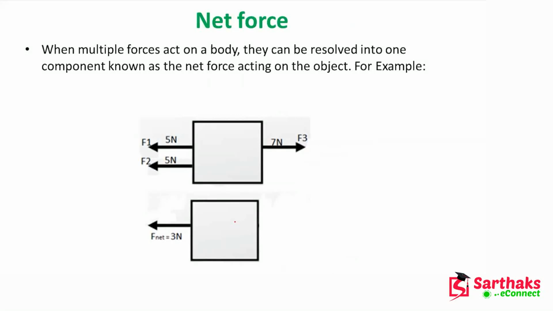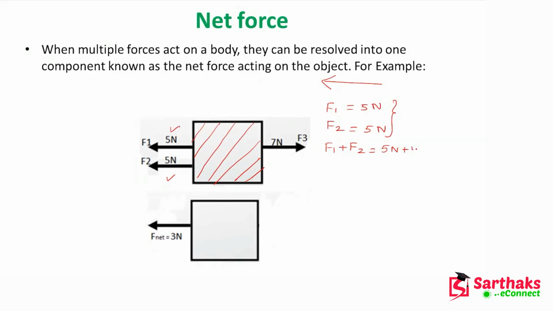Now, like I have told you regarding the net force, but still I am just explaining this in a very good manner. Suppose this is the block. Let's design this block. Here 5 Newton and 5 Newton. So F1 equals 5 Newton and F2 also equals 5 Newton. So how much is the force you are applying in this direction? That is F1 plus F2, that means 5 Newton plus 5 Newton, equals 10 Newton, right?